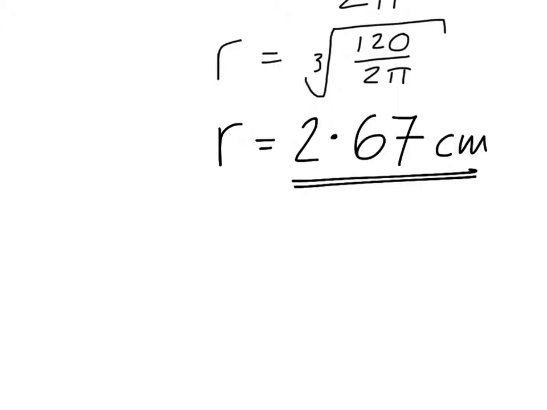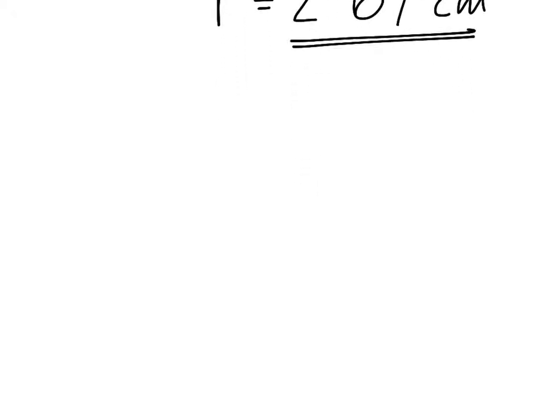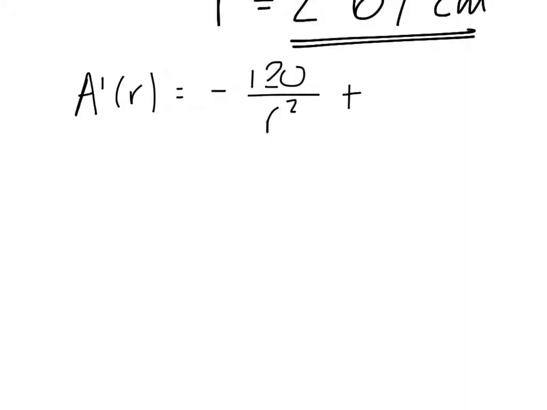To show it's a minimum, we will need to use a nature table. So we'll set that out down here. We're going to need the differentiated formula. So I'll put that up here first. A dash of r equals minus 120 over r squared plus 2 pi r.